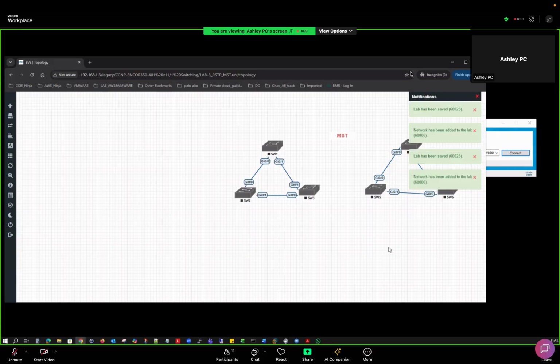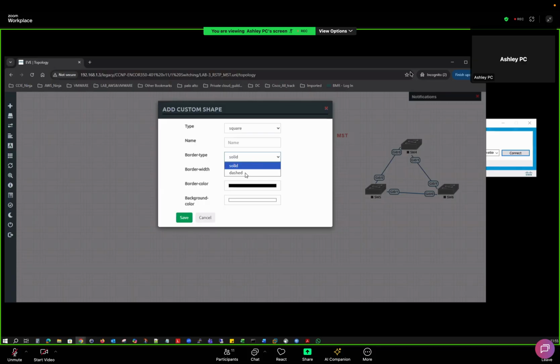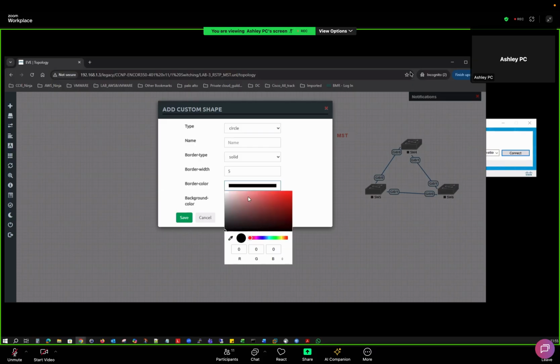Okay, let's assume this is running in one region, and we are going to create multiple instances there. If you go to your custom shape, we are going to use the circle, and this color we are going to put over here.